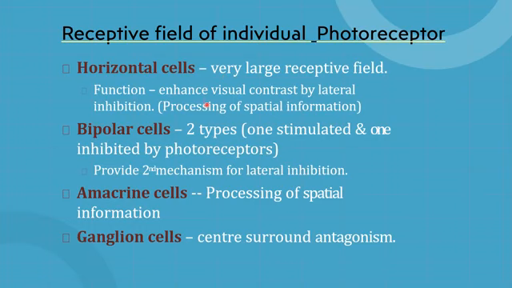Its function is to enhance visual contrast by lateral inhibition. Bipolar cells are of two types, one stimulated and the other inhibited by photoreceptors. It provides a second mechanism for lateral inhibition. Amacrine cells help in processing of spatial information. Ganglion cells work through center-surround antagonism, and only from the ganglion cells does the nerve fiber emerge out into the optic nerve.